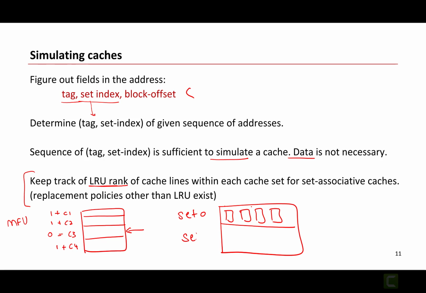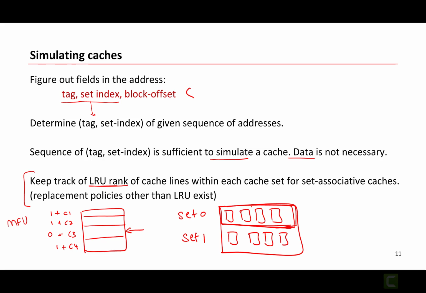So I have 2 sets here, and I have 4 ways. The point I was trying to make is that the replacement policy needs to bother only about the blocks within a set. So the LRU rank will be maintained across the blocks within each set.